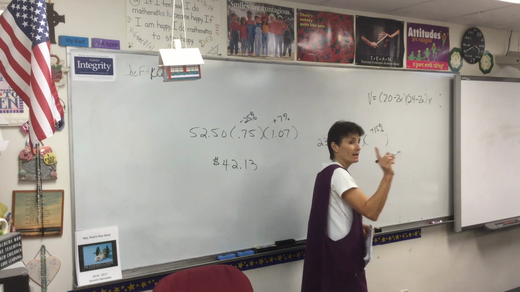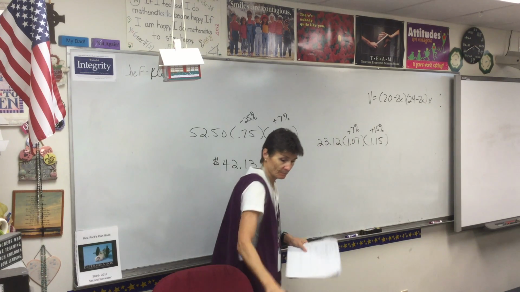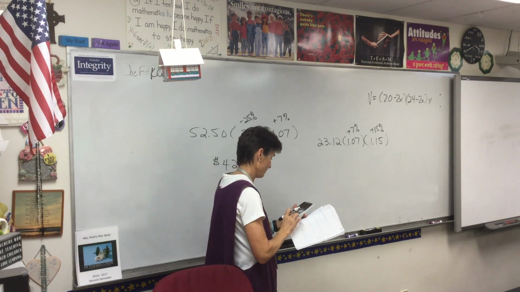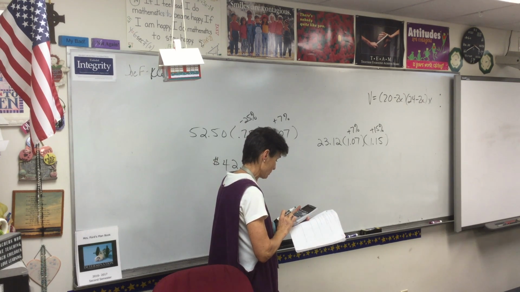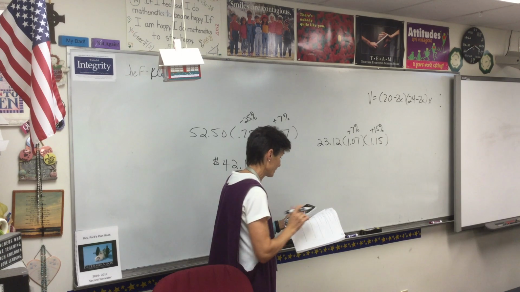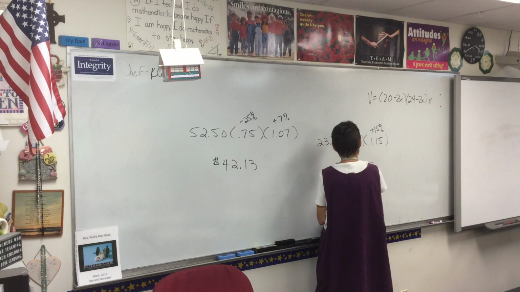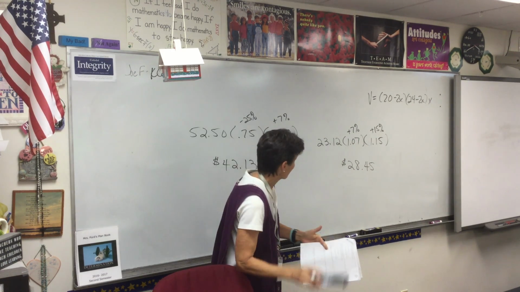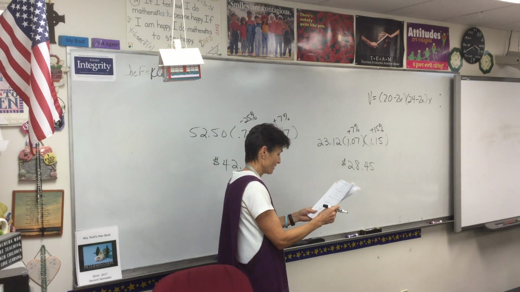Times 1.15. Beautiful. You're getting the hang of it. Here we go. 23.12 times 1.07 times 1.15. $28.45. Is that what you got? Yes, Mrs. Ford, that's what we got.